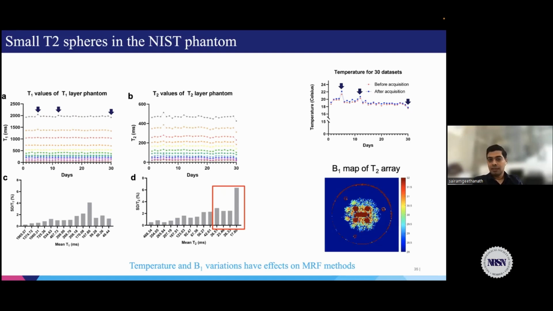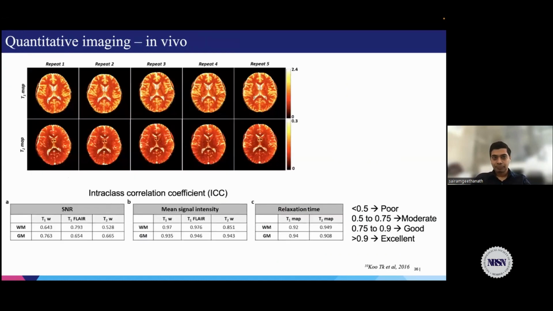We also observed these blips were because of temperature, that whenever there was an increase in temperature, you would see the increase in T1 and T2. That is validated by our knowledge of MR physics that T1 is correlated with temperature. I'll pick up on this again when we get to the other part of the talk, where we exploit this to introduce for the first time MR thermometry using fingerprinting.